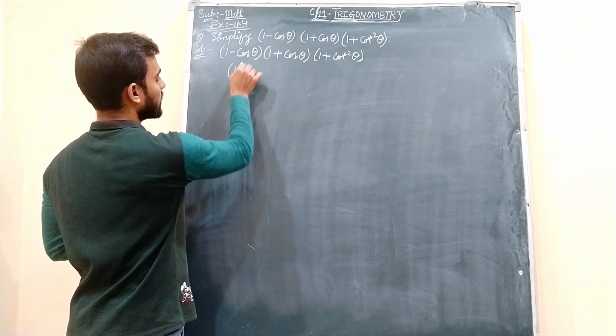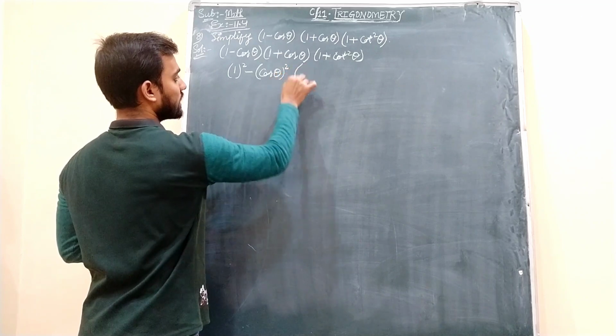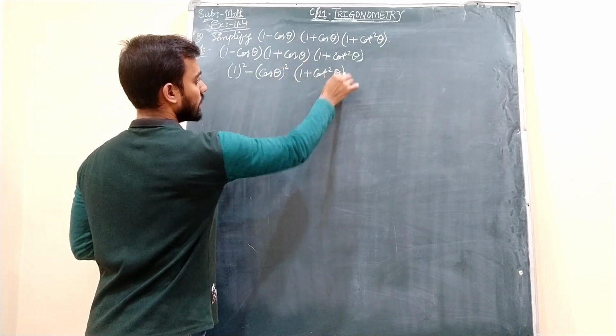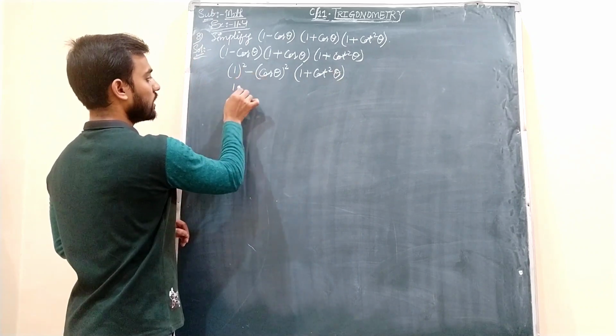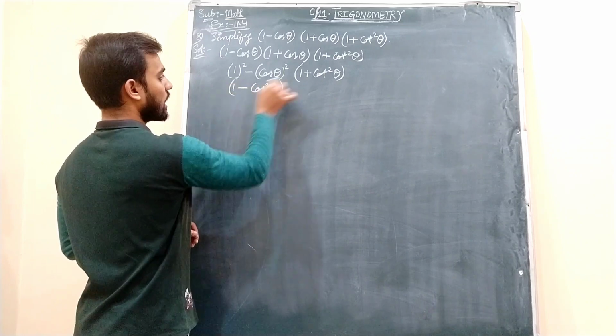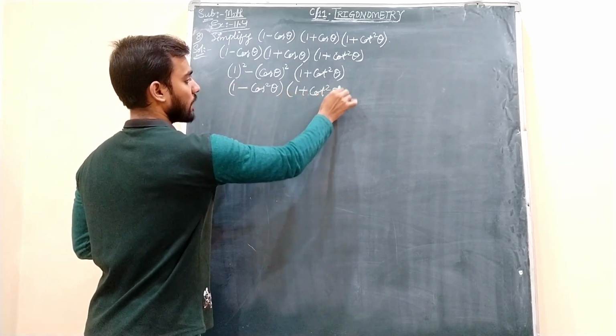So 1 square minus cos theta whole square, and this I'll keep as it is, 1 plus cot square theta. Then 1 square is 1 and cos theta whole square is cos square theta. And this again remains as it is, that is 1 plus cot square theta.